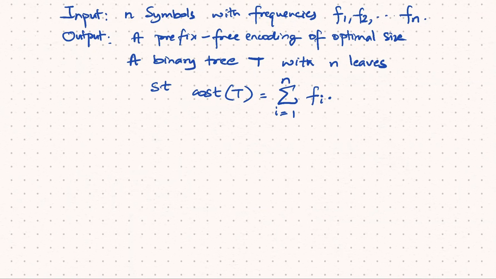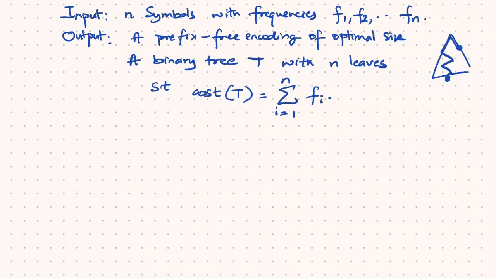It would simply be the depth of the leaf in the tree. If I had a leaf sitting over here, this depth here, maybe 1, 2, 3, 4, would be the length of the encoding.